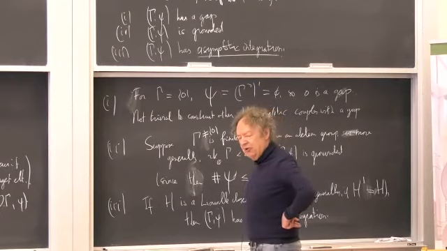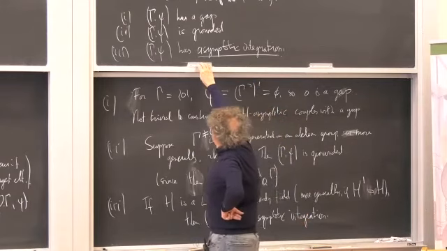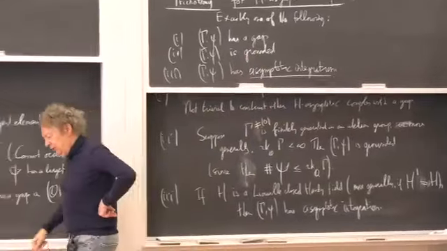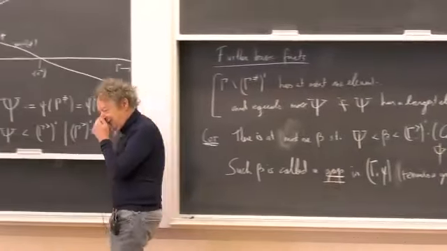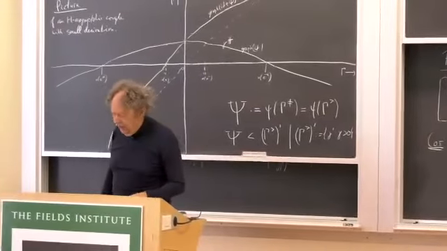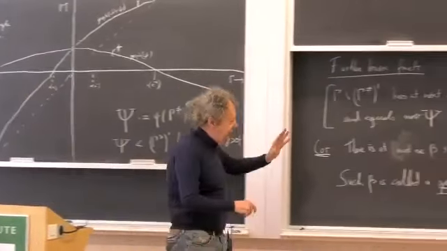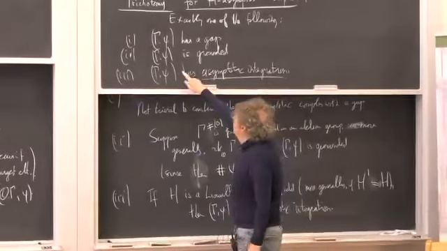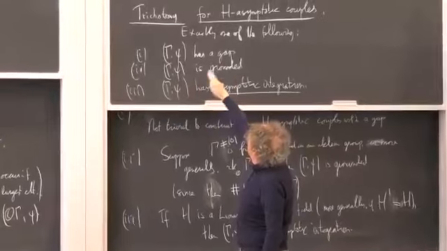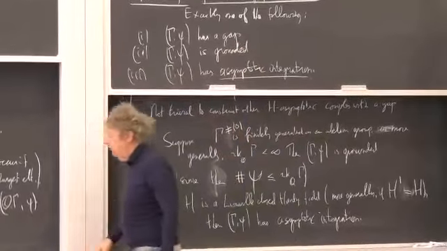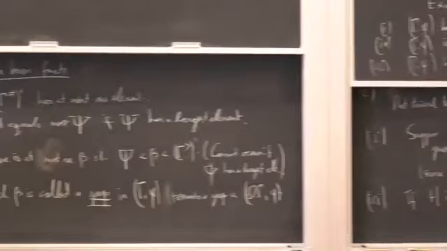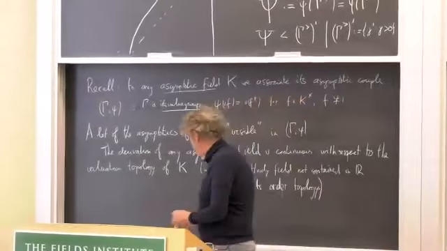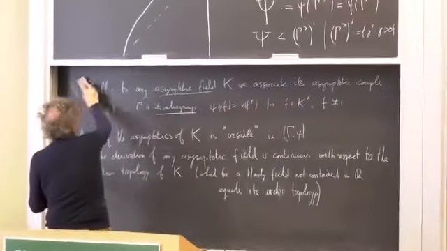To go from one with asymptotic integration to one with a gap is a bit trickier, but it can also be done. And these extension procedures are actually quite important. There is a good model theory for these H asymptotic couples, which I will say something about.